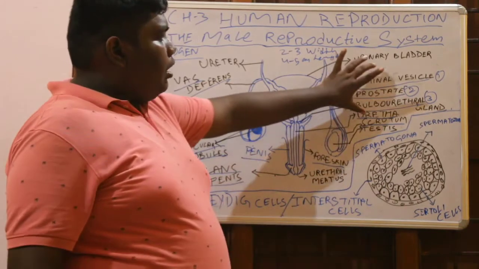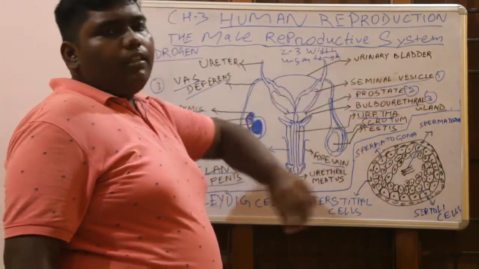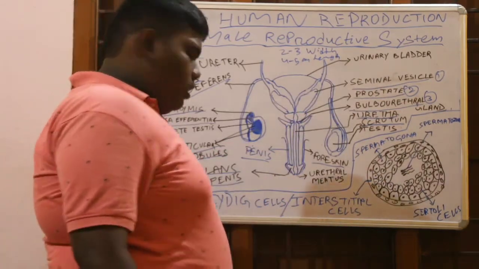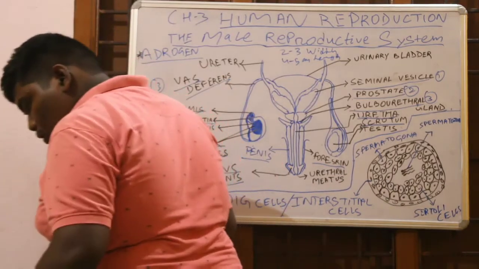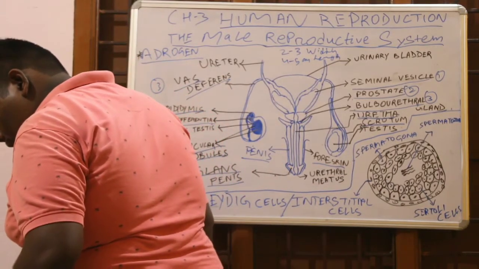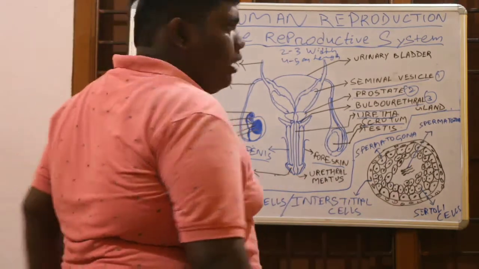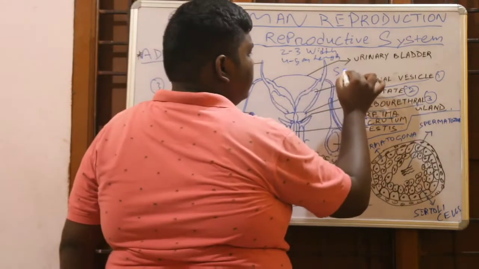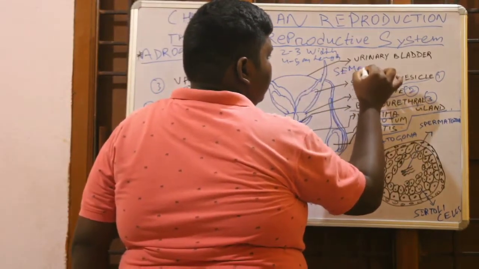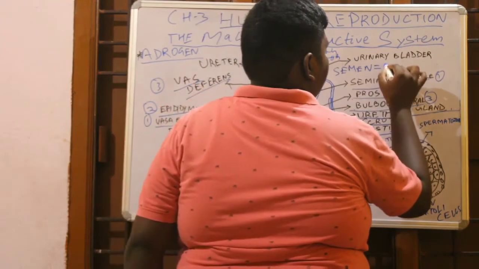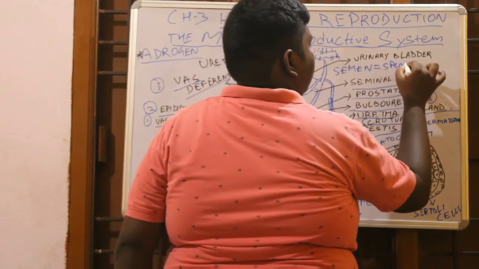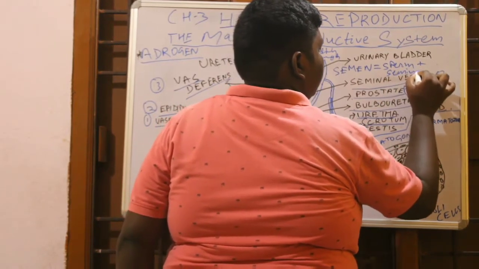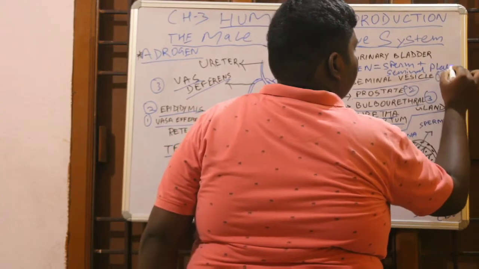Now these three gland secretions are combinedly known as, I forgot the term, it is known as seminal plasma. Okay, what we can take from this is that semen is equal to sperm plus seminal plasma.